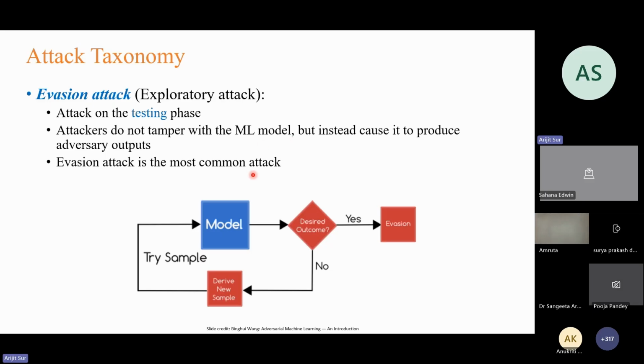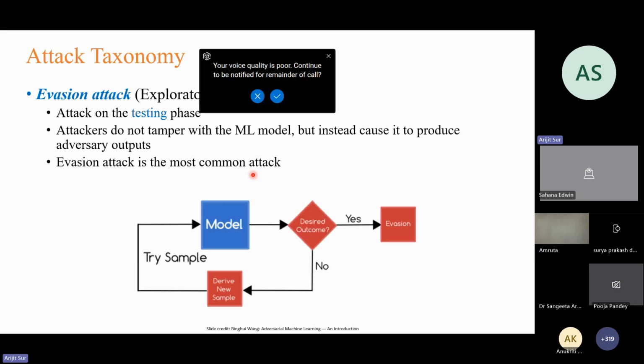The most important thing to understand is that it is an attack on the testing phase, using different ways to influence it, and then they can collect data.